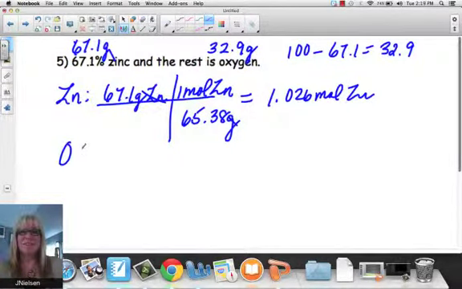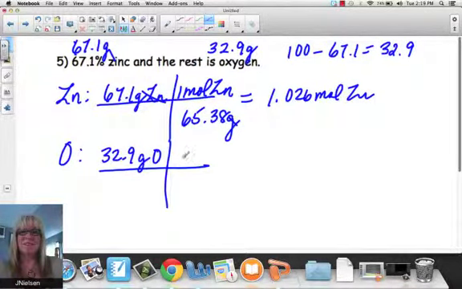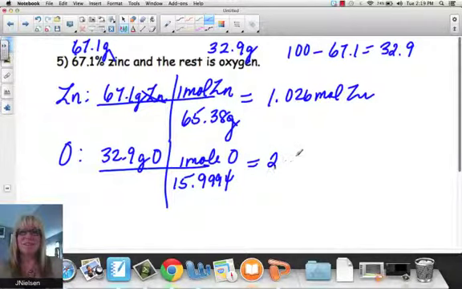And then we have oxygen, which is 32.9 grams of O. We know that 1 mole of O has a mass of 15.9994 grams, and that's going to give me 2.056 moles of O. Divide by the smallest one.